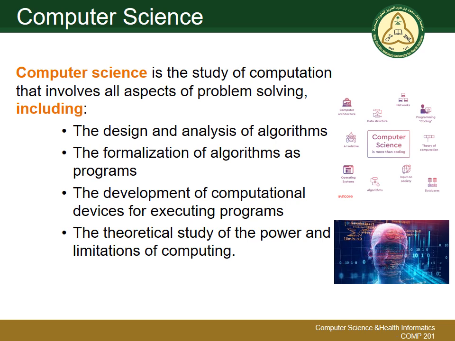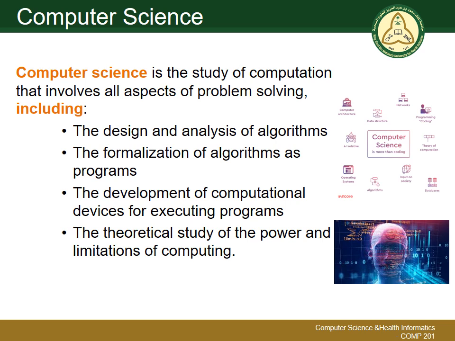It is the study of computation, any kind of computation that involves all aspects of problem solving, which includes the design and analysis of algorithms. And we will devote, I think, chapter 5 in this semester, inshallah, to discuss algorithms. The second point, the formalization of algorithms as programs, how we can formalize an algorithm to perform as a program, because algorithms are one of the major important concepts in computer science.